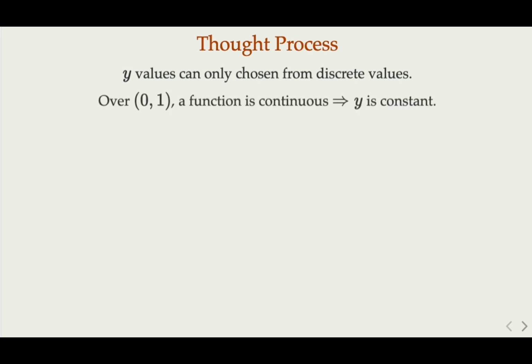Let's review the thought process for this problem. First of all, it is important to know that the y value can only be chosen from 4 discrete possibilities. That's the key in solving this problem. Now, over the open interval 0, 1, in order for the function to be continuous, with no disjoint points and no jumps, the y value can only be constant, one of the 4 values.